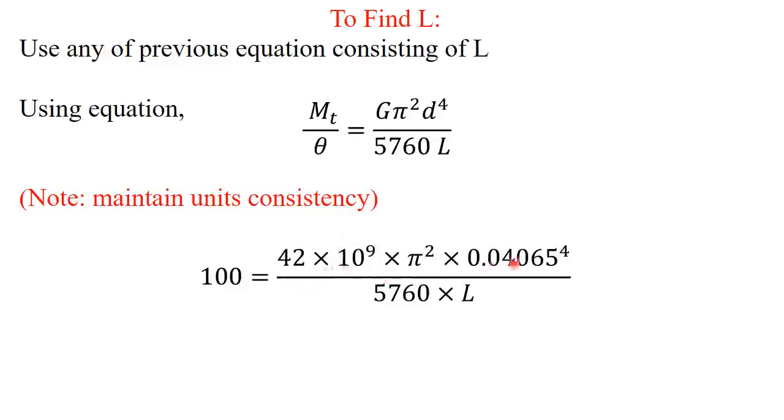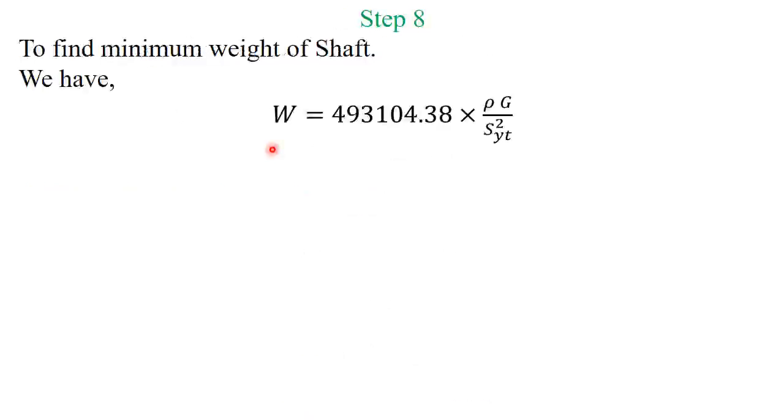So by putting the appropriate numbers of G, and D again in meter, because mt by theta is in Newton meter per degree, divided by pi 5760, L remains the only unknown. L will be obtained as 1.965 meter. If you want to convert it into mm, it will be 1965 mm. So D is found out, L is found out. So the design is completed now.